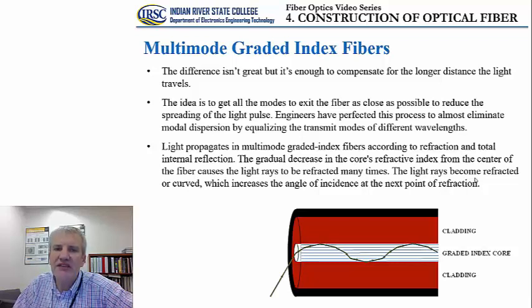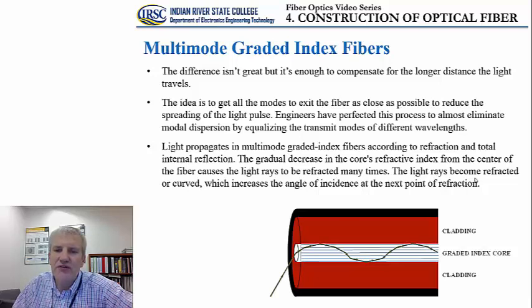So the light propagates in multi-mode graded index fibers according to refraction and total internal reflection, and the gradual decrease in the core index of refraction from the center to the fiber end is going to cause the light rays to be refracted many times, and by doing that we are changing the trajectory, the direction of the light propagation.